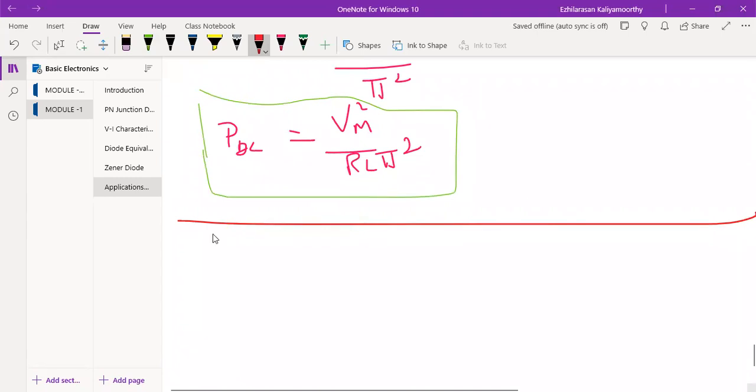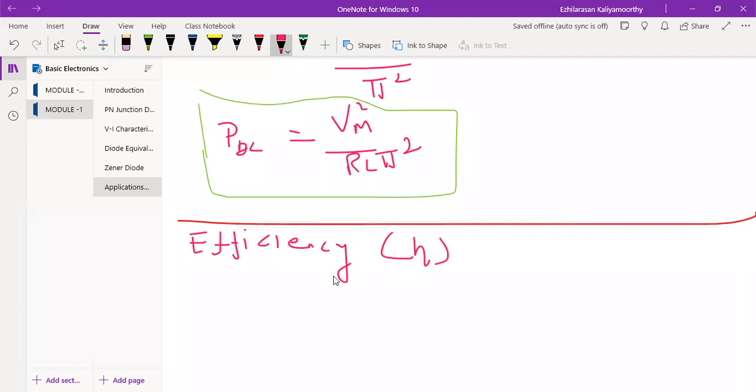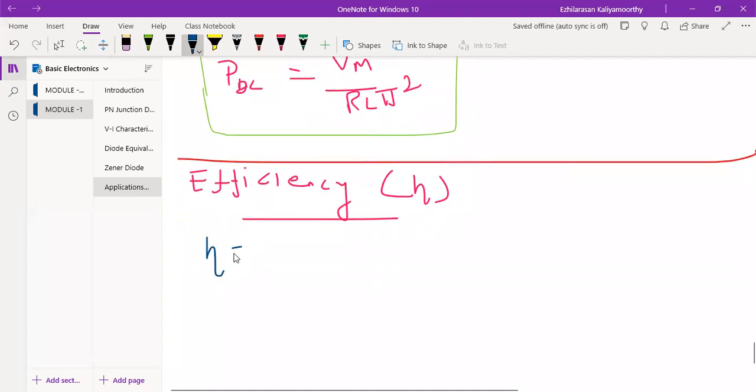Next, we need to calculate the efficiency. How much will the efficiency be? The efficiency is given as eta. So now we need to know what eta is, where eta is nothing but PDC by PAC.